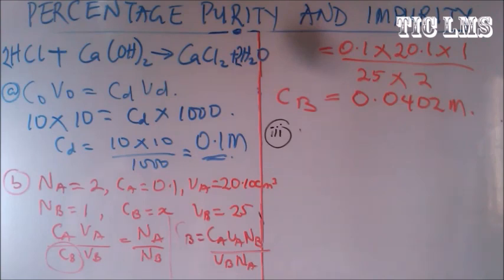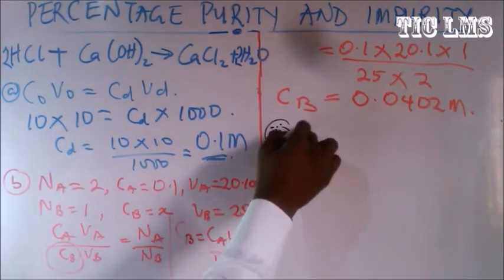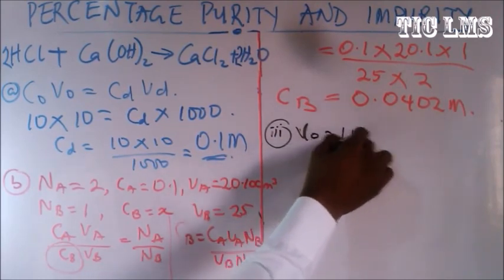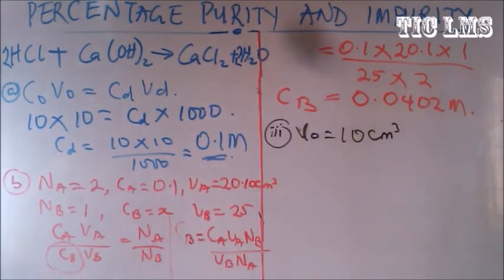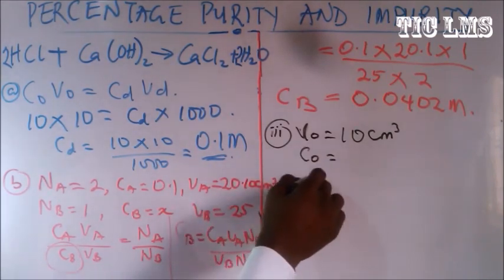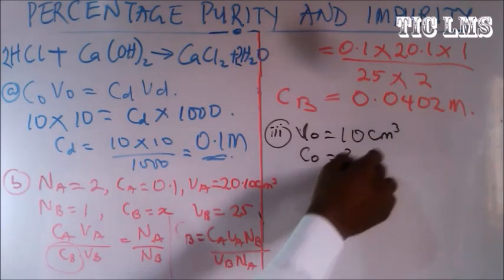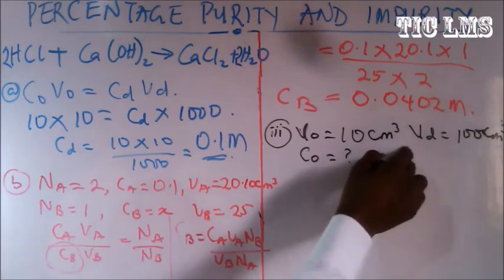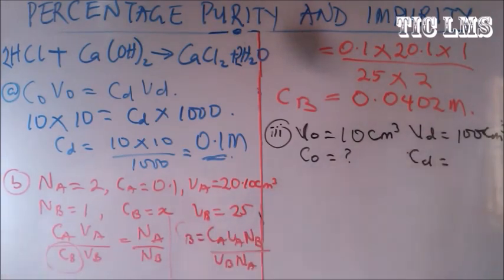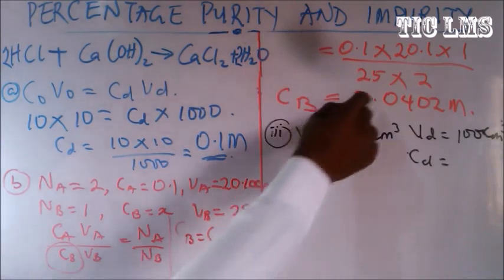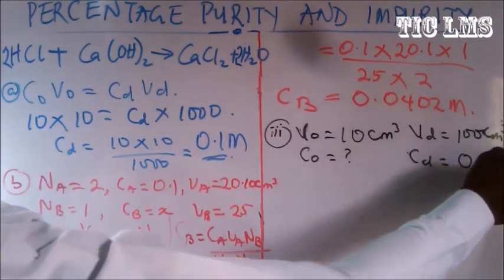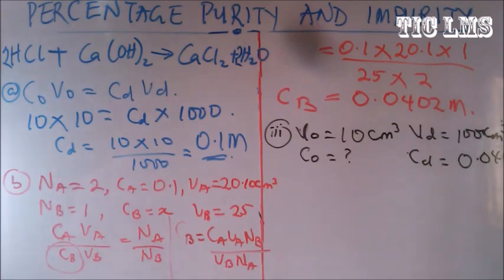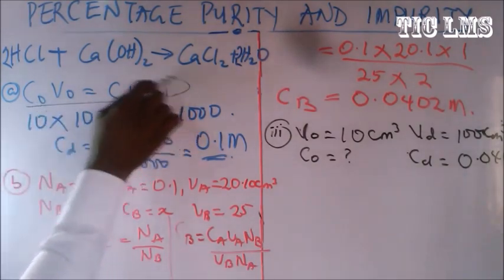Now the third part of the question is to calculate the solubility of the base at room temperature. Now when we go back to the question, we had an original volume of the base, which is 10 cm cubed, and we have an original concentration of the base which is unknown. It was diluted into 100 cm cubed volume, and the new concentration, that is the diluted concentration, is what we've just derived here, that is 0.0402. So we are looking for the original concentration of the base, and we are going to make use of this particular formula.